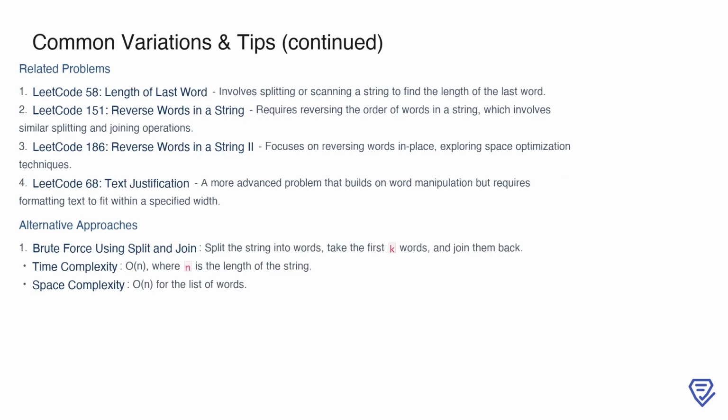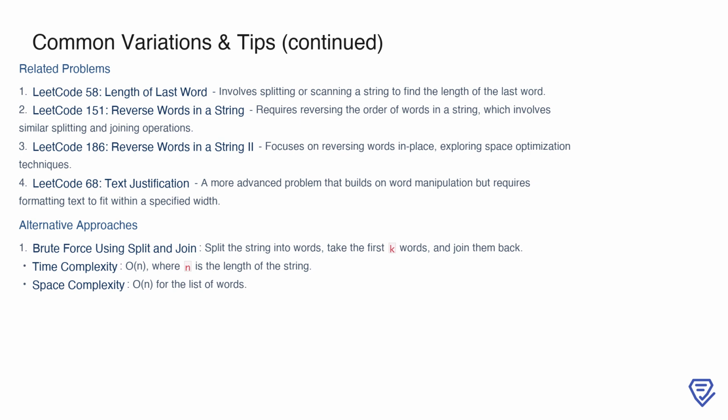The truncate sentence problem shares similarities with several other LeetCode problems, making it a great opportunity to build transferable skills. For instance, in LeetCode 58, Length of Last Word, you're tasked with finding the length of the last word in a string, which involves splitting or scanning techniques. LeetCode 151, Reverse Words in a String, requires reversing the order of words, which is another variation of word splitting and joining.